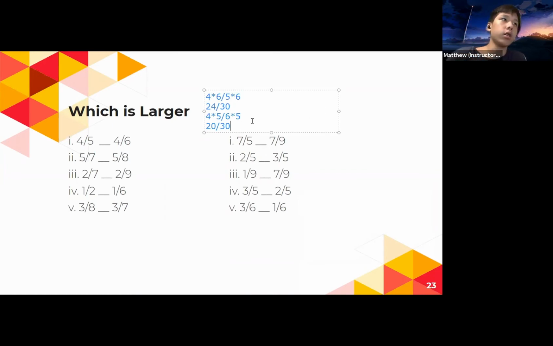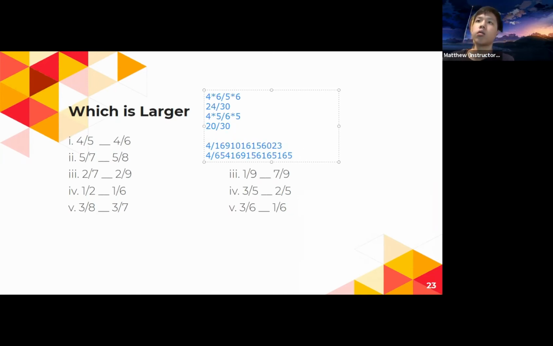An easy way to learn this is to know that if they have the same numerator, whoever has the smaller denominator is always larger.